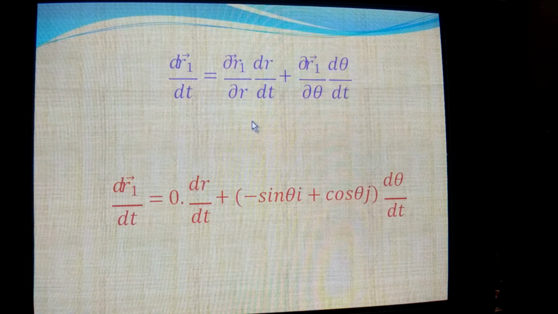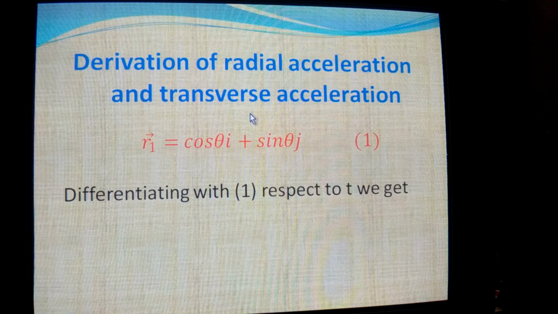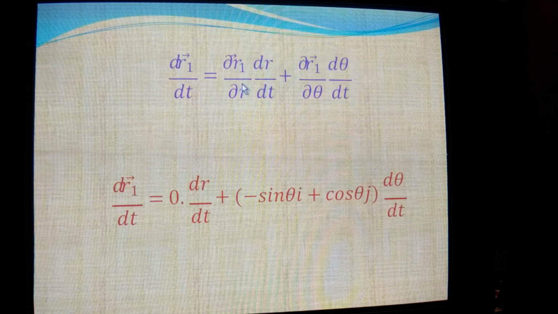Now we find dou r1 bar by dou r. See here, there is no r term in r1 bar, so when you differentiate r1 bar with respect to r, it becomes 0. So dou r1 bar by dou r is equal to 0, into dr by dt as it is, then plus dou r1 bar by dou theta.